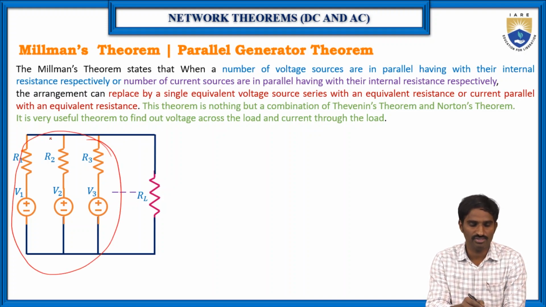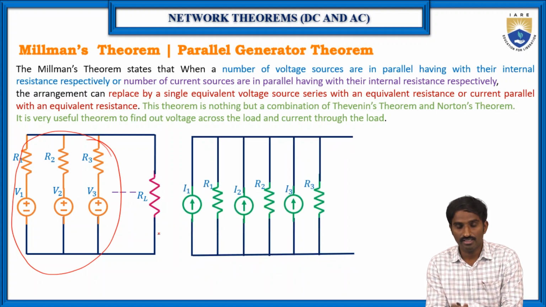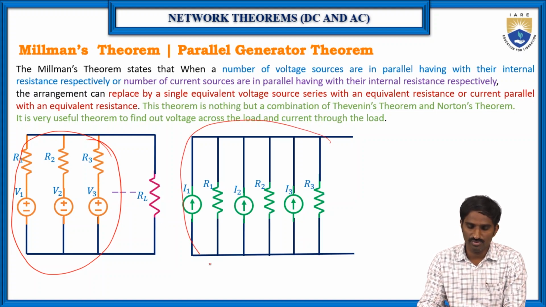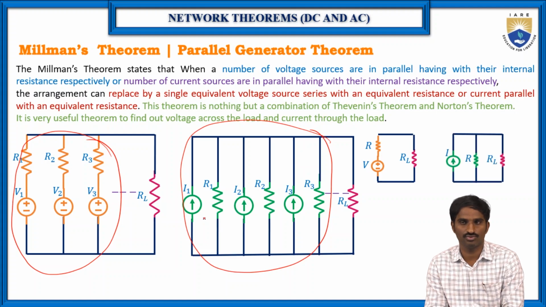So the parallel combination of the voltage sources with their internal resistances can be replaced, and in the other case, the current sources with their internal resistances. As we already know, the internal resistance of the voltage source is in series with the voltage source, and the internal resistance of the current source is in parallel with the current source. So these two possibilities, the voltage sources with internal resistance connected in parallel and the current sources with internal resistance connected in parallel, can be replaced with these two circuits.